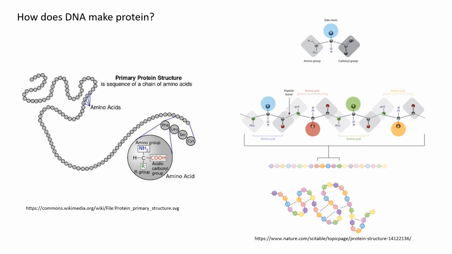And then once those amino acids have been linked in the right order, that chain folds up in a complex way, and that forms a functional protein. So DNA carries the information to specify the order of amino acids that will go to make the protein.